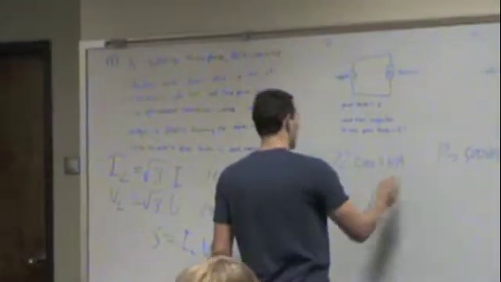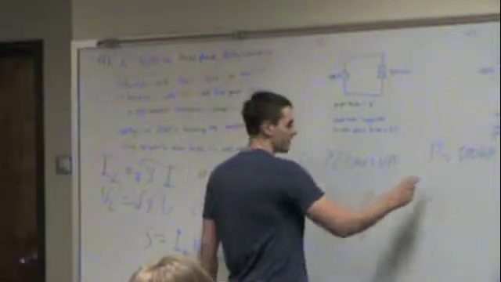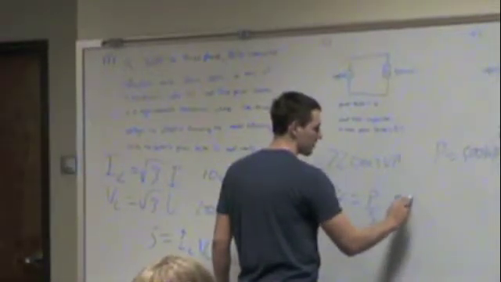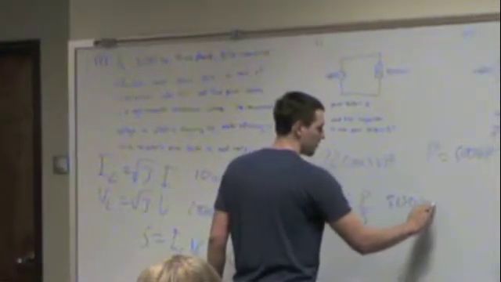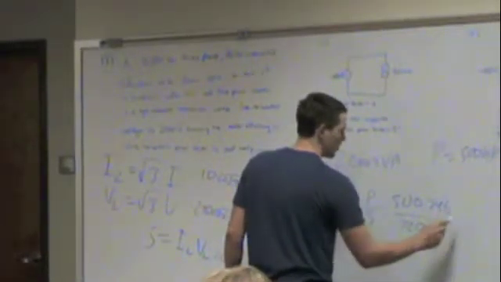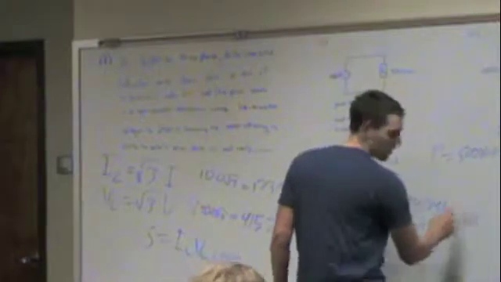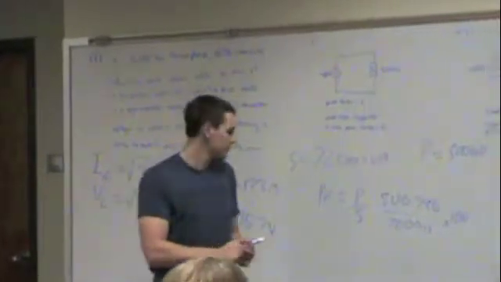So this is the power, and this is all of it. So we have 500 times 746 over 7200013, and times 100% if you're cool, which in this problem we're not, so we don't do that.